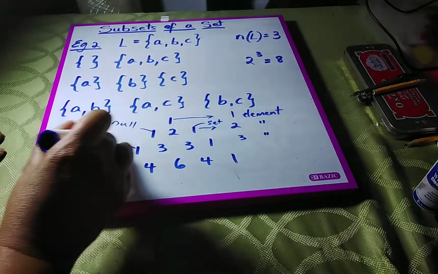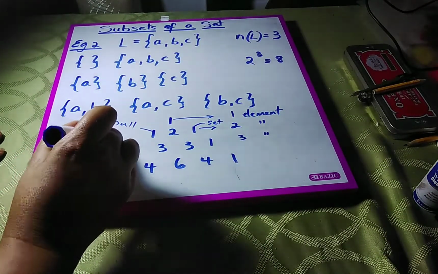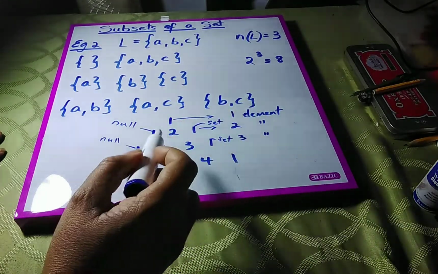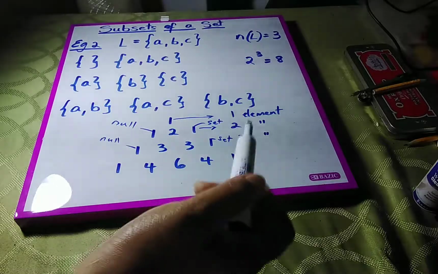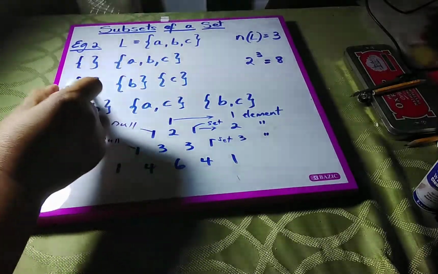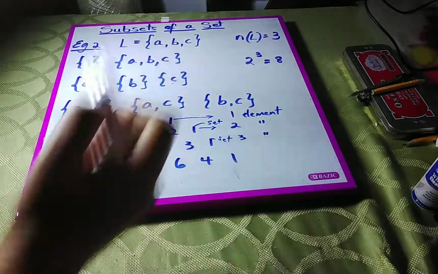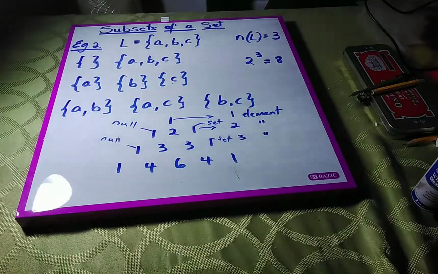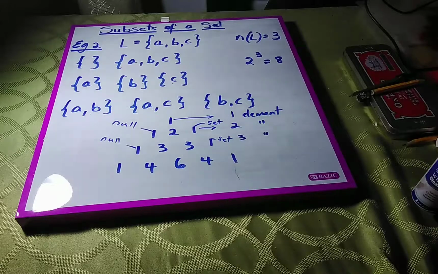So this would be the null set, this one here would be the set itself, and we have 6: 3 single-element sets and 3 double-element sets. Those are the patterns that I see. Let's see if this can be worked out using 4 elements.